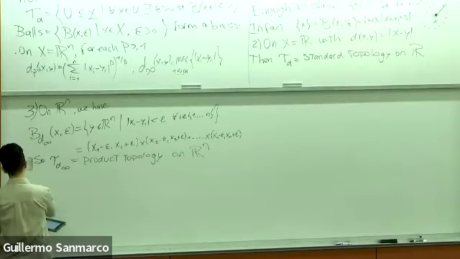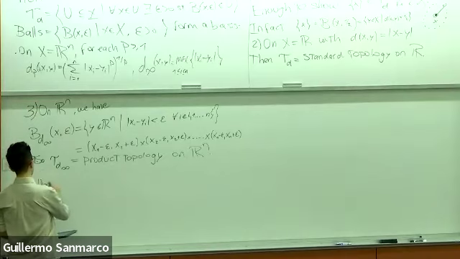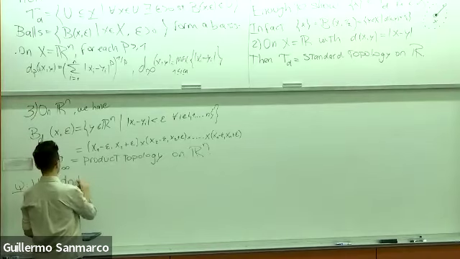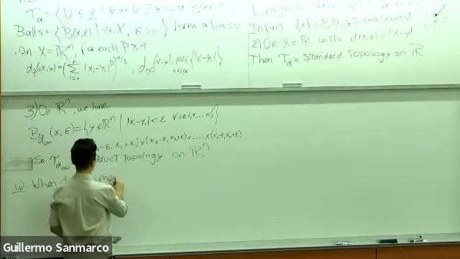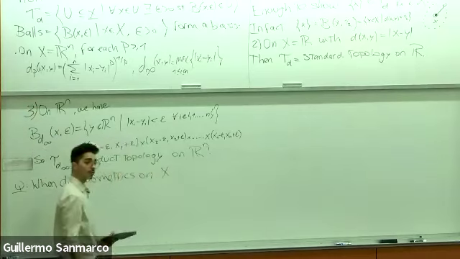So now the obvious question is, on Rn, for example, we have this family of metrics. The question is, if we have two metrics on the same set, do they induce the same topology?